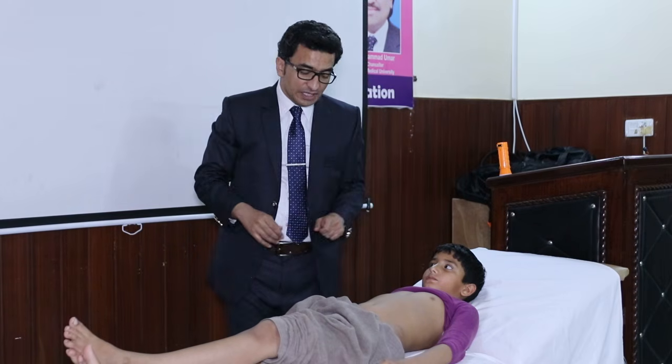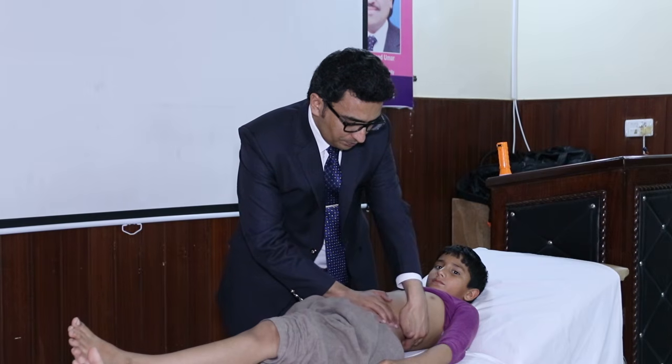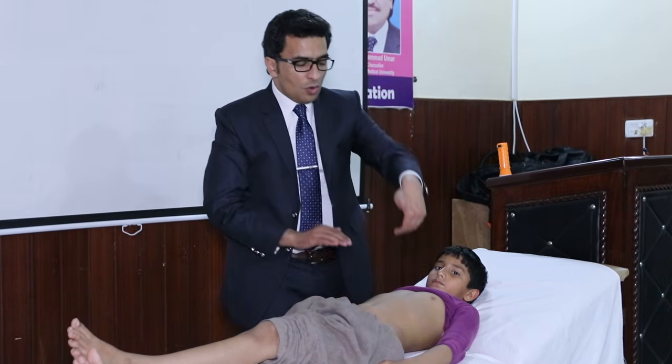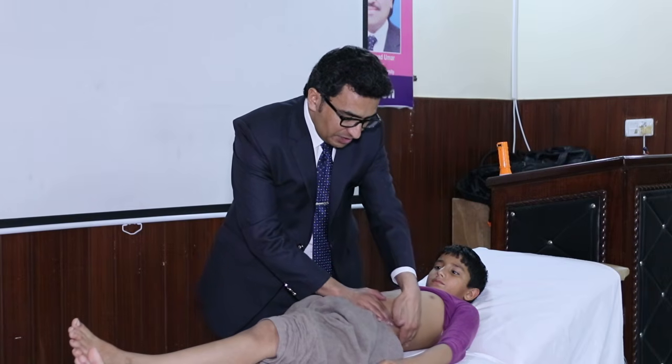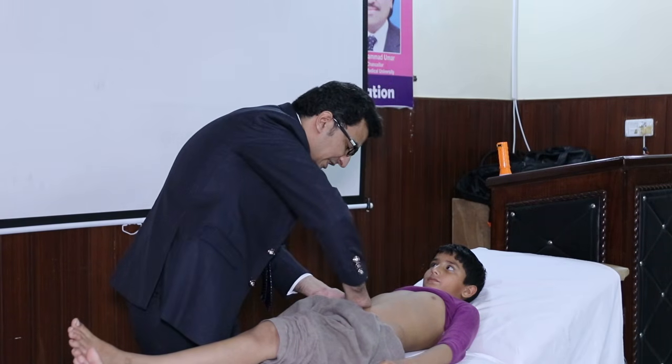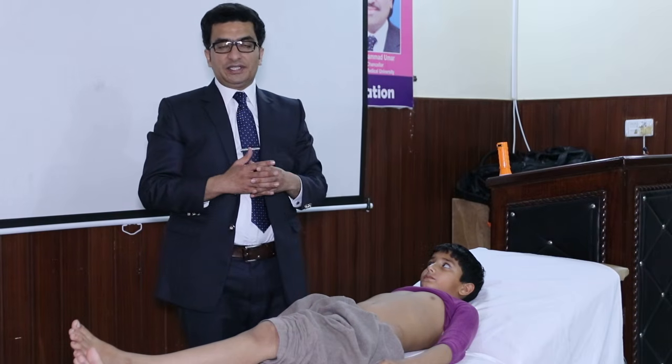So once I've done the spleen, then I will palpate the kidneys bimanually. I will put one hand below the kidney and with the other hand I will palpate the kidney. I will palpate both the kidneys. Then I will check for the ascites.